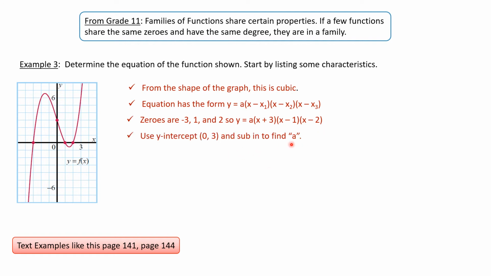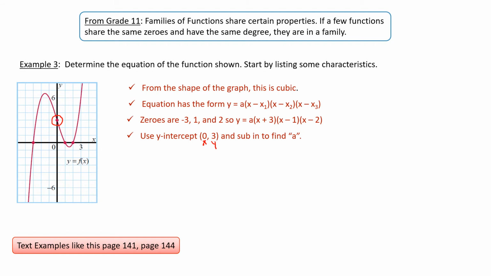Now we have to find the a value. So just like we've always done since grade 10, to find the a value, we're going to sub in. So let's go to our equation. We're going to use this point (0, 3) right here, and we're going to sub, this is our x, this is our y.